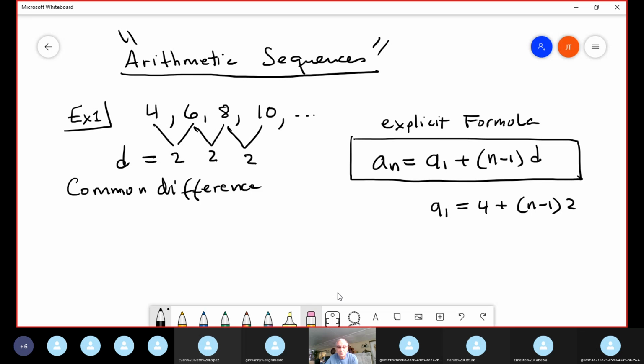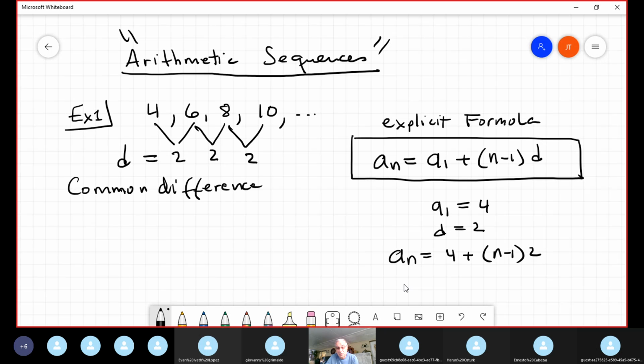Sorry. Let me erase that part. Let me identify. Okay, A sub 1 is 4, and D is 2. Therefore, A sub N, which represents the element in the N position, N an arbitrary position, is A sub 1, which is 4, plus N minus 1 multiplied by 2, the common difference.